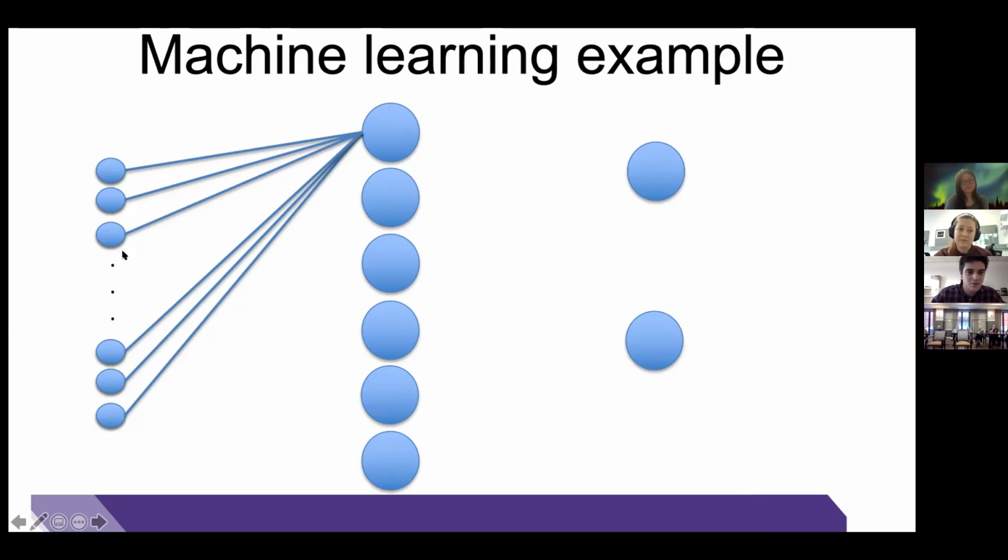So all these circles on the left are one of those individual pixels. And then all these circles in the center are some neuron representing one of these features. So if this top one was the feature of how big is the animal, it's going to take some input from every one of these neurons, and it's going to come up with some estimation of what's the size of this animal.